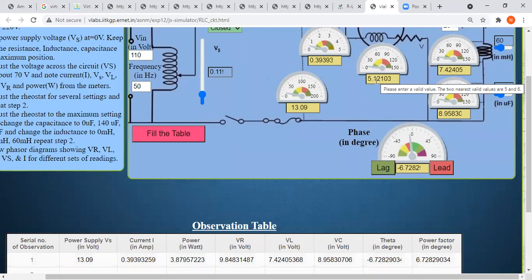So how can you correct it? Just multiply this voltage by current, that is, multiply 13.09 and 0.39, you get this power, that is 5.12. Just write that here. Instead of this 3.87, write 5.12. So this is the power given by the wattmeter.